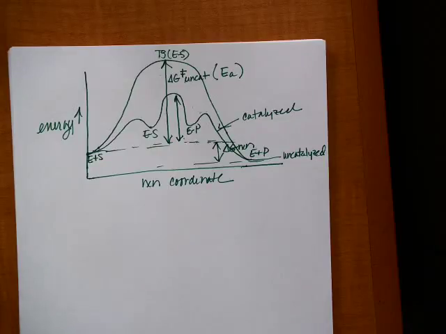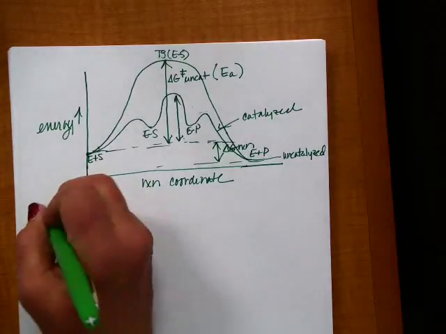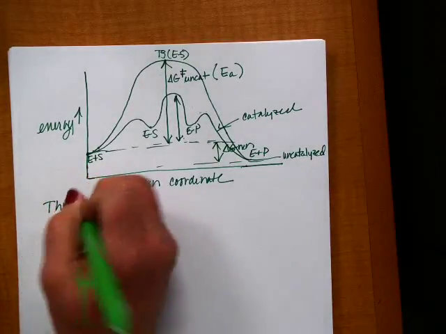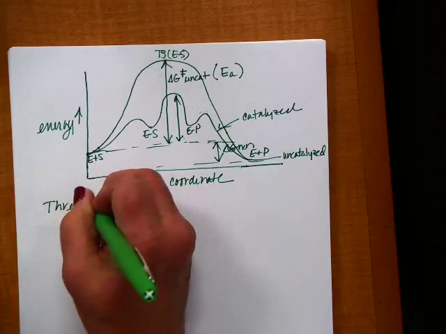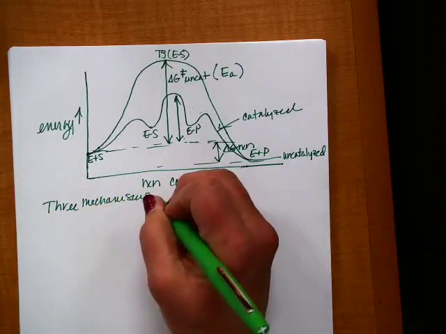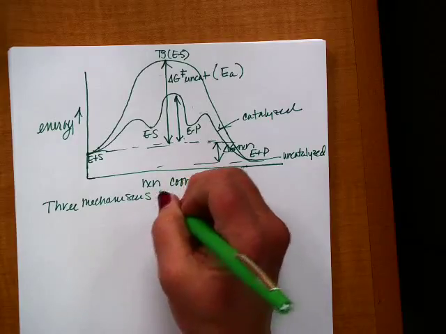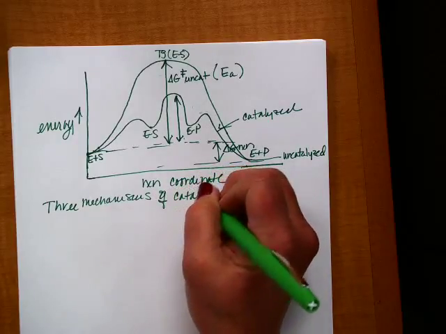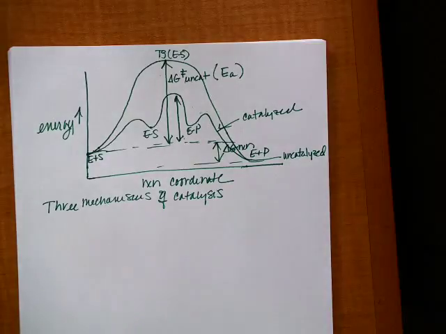So there were, I think, mentioned 3 types of catalysis, or 3 mechanisms. So what are enzymes, number one?